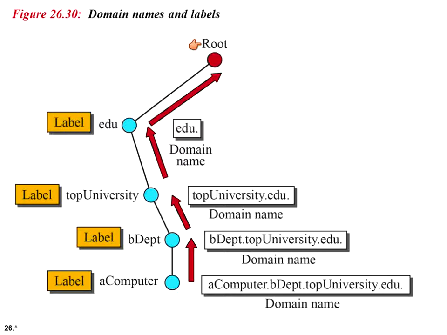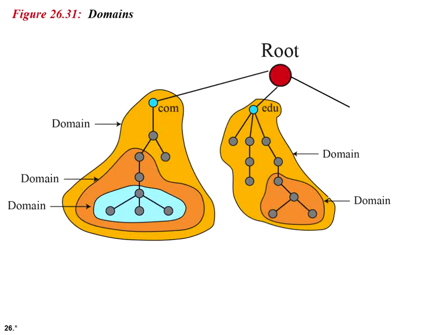Now, this is our domain. A domain is a subtree of the domain namespace. The name of the domain is the name of the node at the top of the subtree.